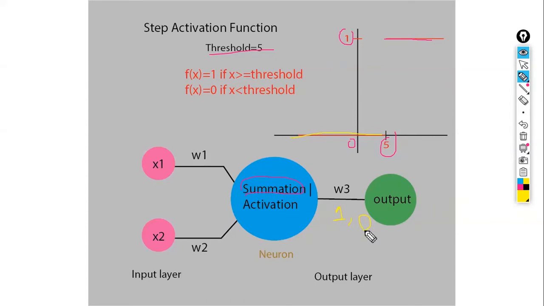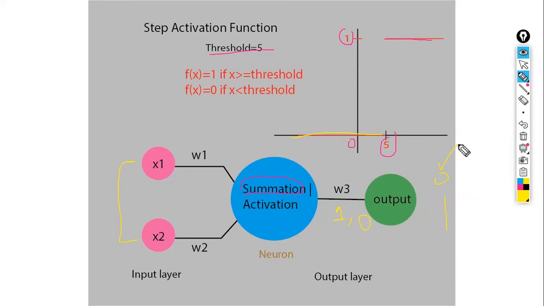Obviously, there are pros and cons to the step activation function. It can be used for a binary classification problem, where we classify whether the input belongs to class 0 or class 1. But as it only gives two values in the output, it can never be used for a multi-class classification problem.